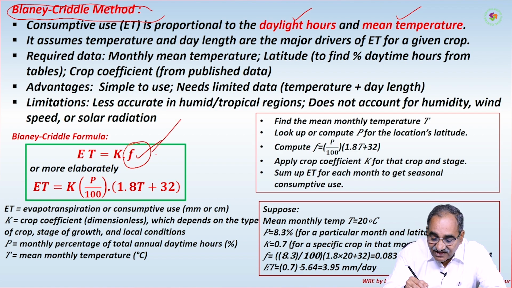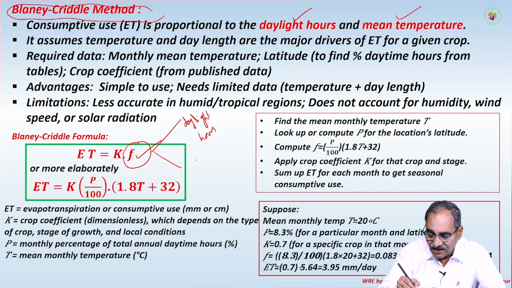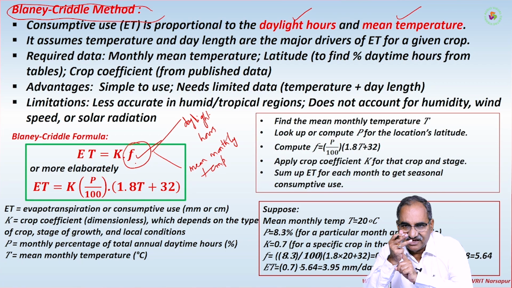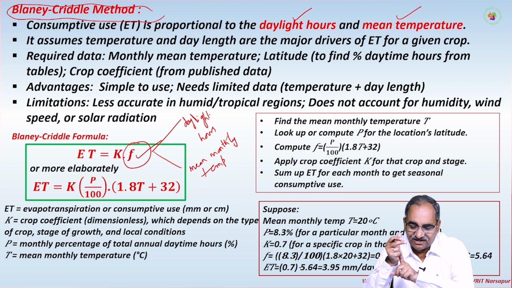What factors will be there in this F? Number one is daylight hours. Number two is mean monthly temperature. So F is a function of daylight hours and mean monthly temperature.